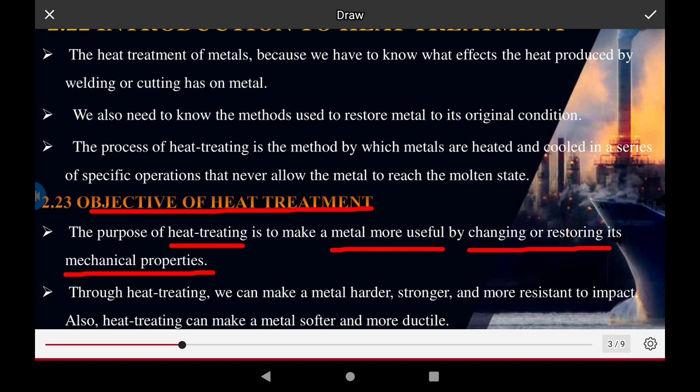Through heat treating, we can make a metal harder, stronger, and more resistant to impact. Also, heat treating can make the metal softer and more ductile.